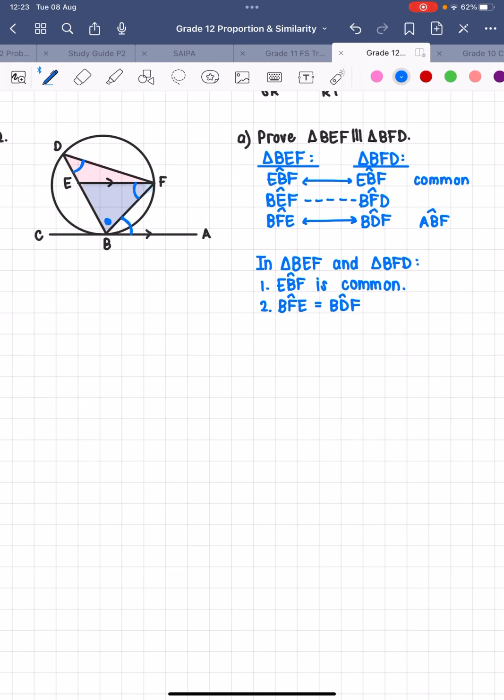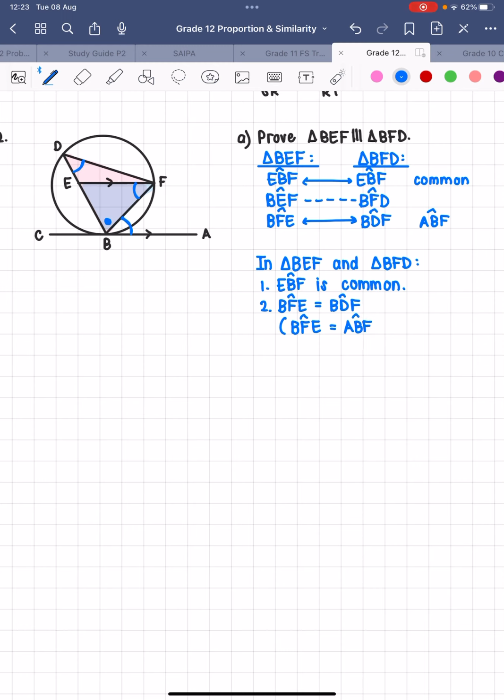All right, now the reasons for that, we have to say in brackets underneath. Remember, it was like a two-step thing. So what's the first one? We first wrote BFE. So I'm going to say BFE is equal to ABF because of alt angles. It doesn't really matter. But if you're saying BFE, remember that one is alt angles. Okay, so BFE is equal to ABF.